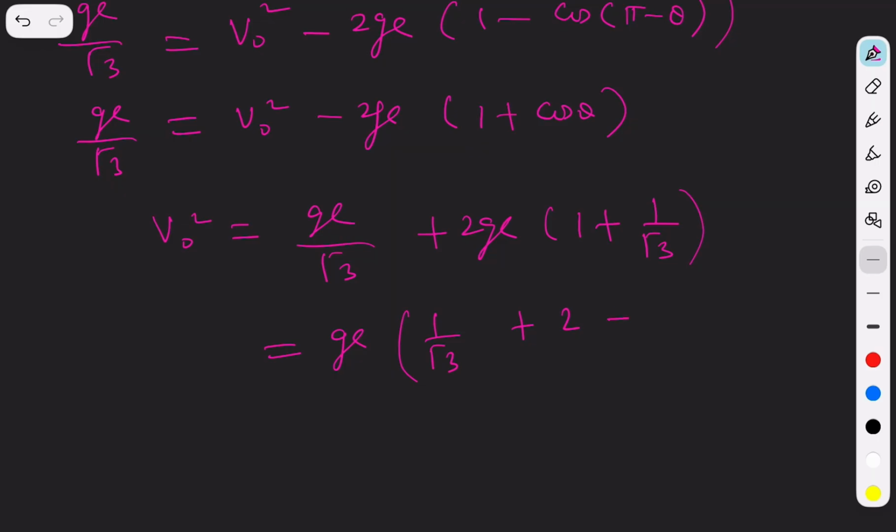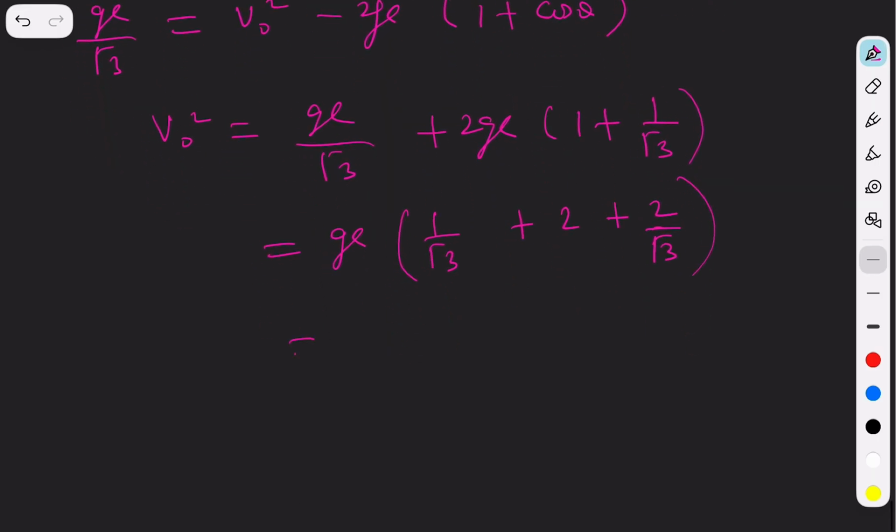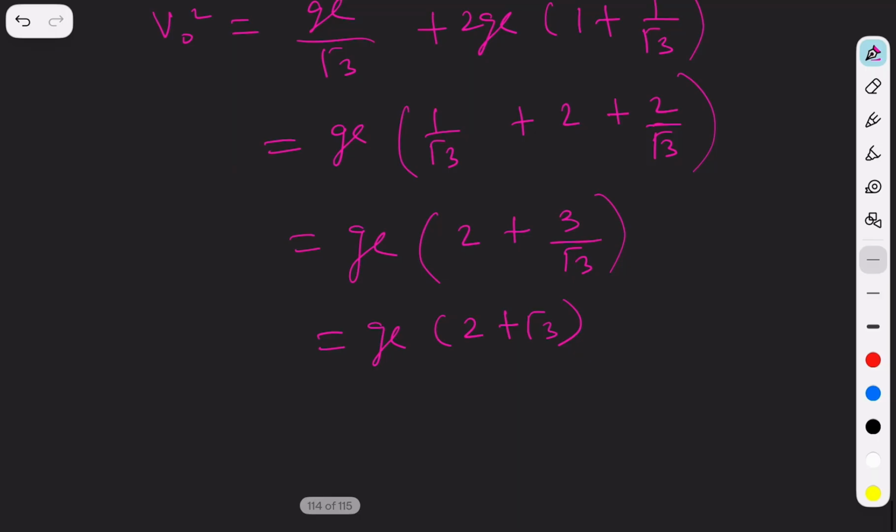So it will become gl(2 plus 3 by root 3), which becomes gl(2 plus root 3). So v naught squared is this, and v naught should be equal to the square root of gl(2 plus root 3), and that is the answer. So you can see how beautiful this problem is.